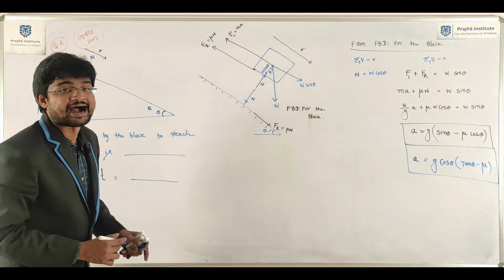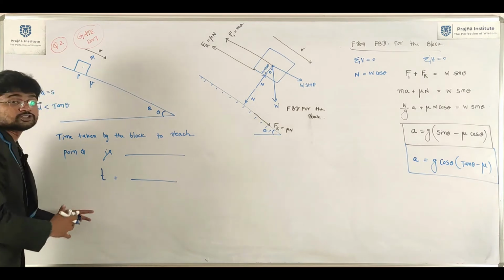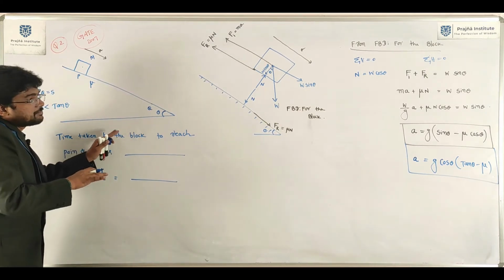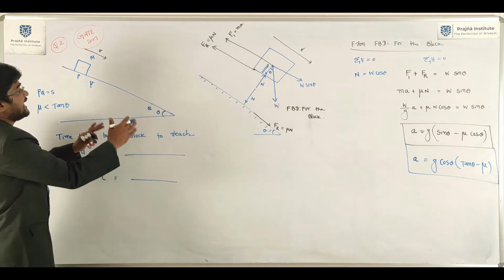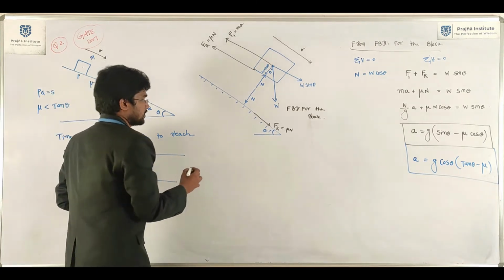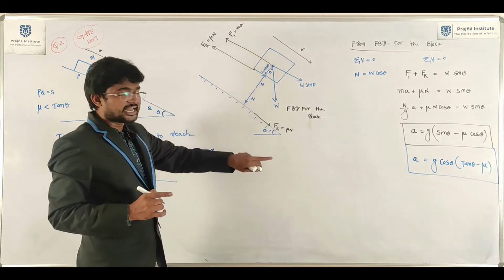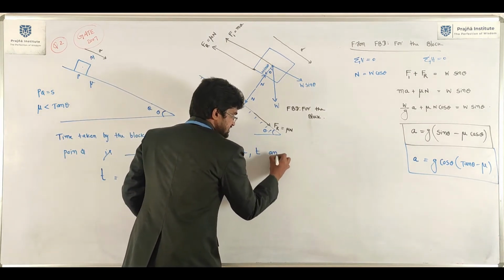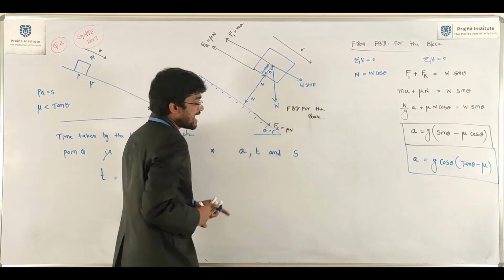Now we need to determine the time taken by the block to reach point Q, after traveling a distance of S. So that is acceleration, time and distance. What is the kinematic equation?